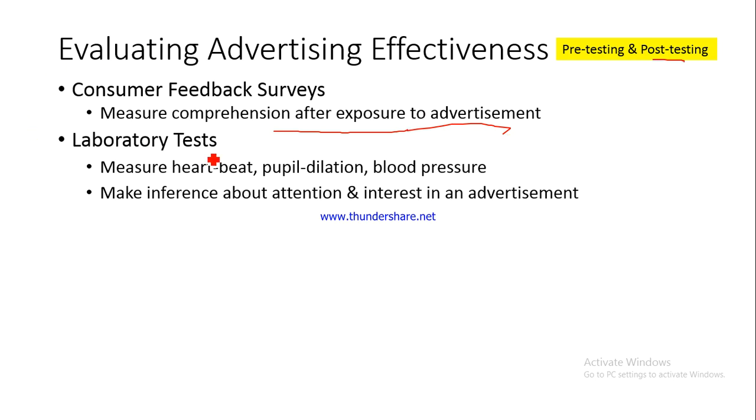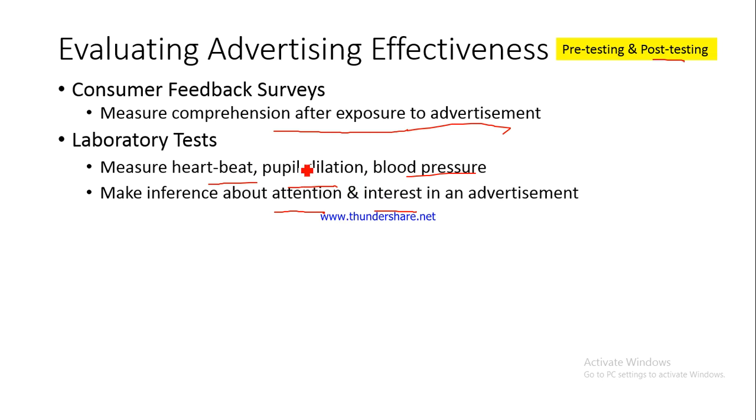In laboratory tests, we'll measure bodily parameters like the heartbeat, the pupil dilation, the blood pressure, right? These bodily parameters change when somebody is exposed to something which is very interesting. He will be forced to pay attention, and he will find that particular thing interesting.